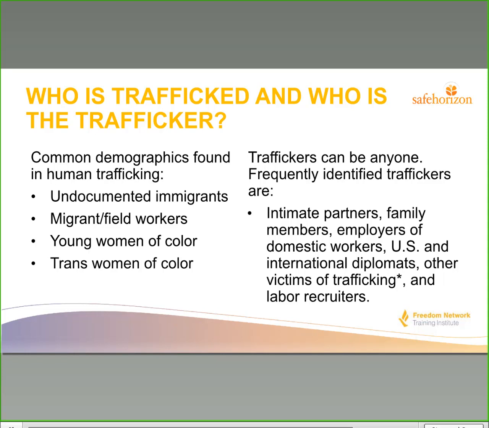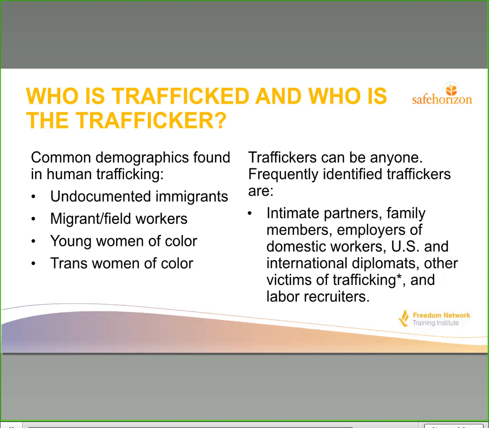Again, like I mentioned way back when, trafficking really can happen to anyone across all genders, across all orientations, and across all races. Traffickers can be anyone as well. Frequently identified people who traffic, we very often see intimate partners being the ones who are trafficking individuals, particularly for sex trafficking.